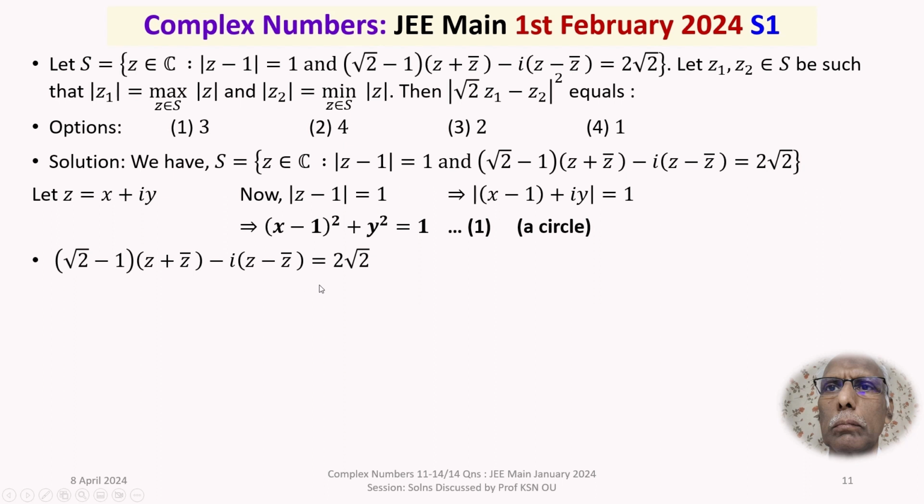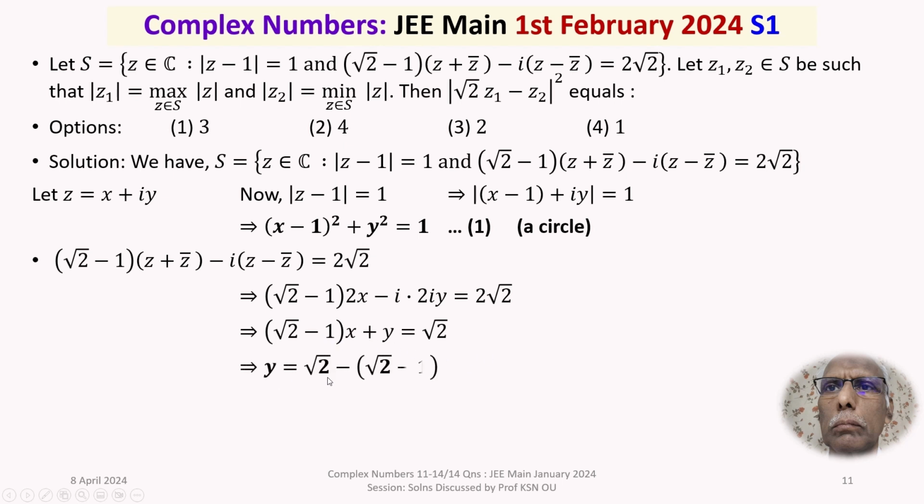So substitute: root 2 minus 1 into 2X minus i into 2iY is equal to 2 root 2. 2 cancels. i into iY is minus Y, minus, there is another minus here, plus Y. So this is root 2 minus 1 multiplied by X plus Y is equal to root 2, and Y is equal to root 2 minus 1 multiplied by X. Let's call this equation 2, which is obviously a straight line.